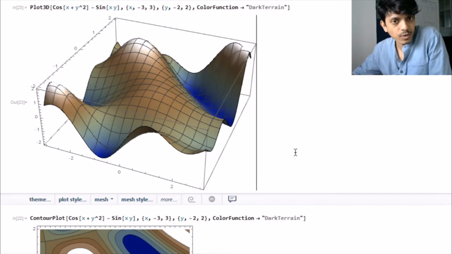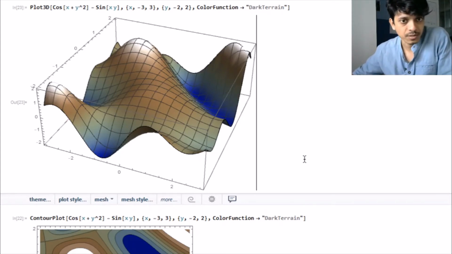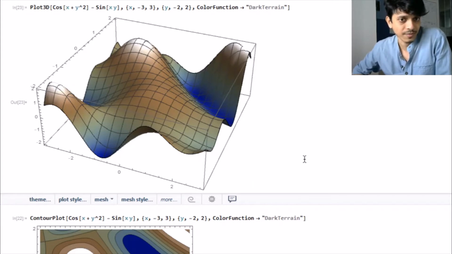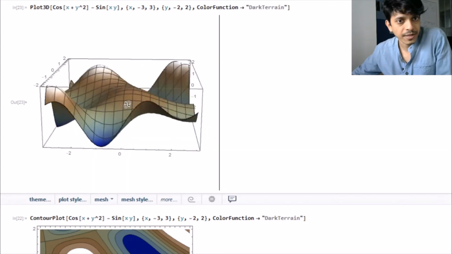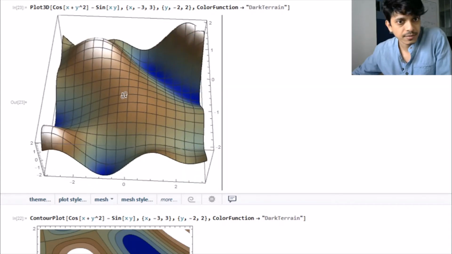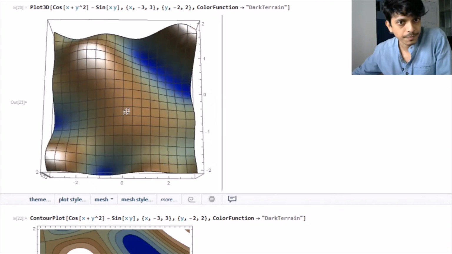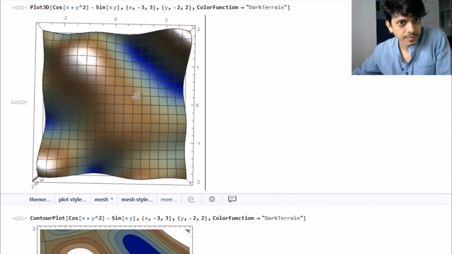We mentioned that the altitude is one example of a scalar field. So that's exactly what this looks like. It's like the height of the land, the altitude, which is given as a function of these two variables x and y. So what I can do is try and look at this from the top, something like this.